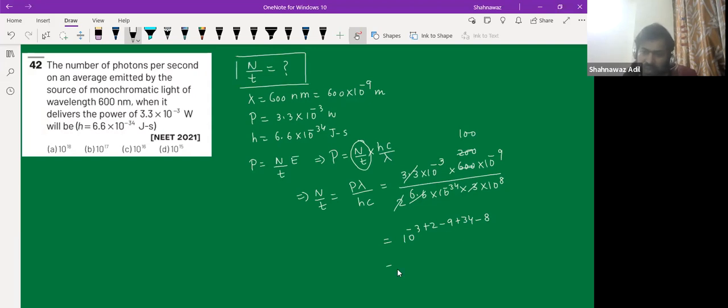Let us calculate the plus and minus: 36 minus 20. So this would be 10 to the power 16 photons per second.